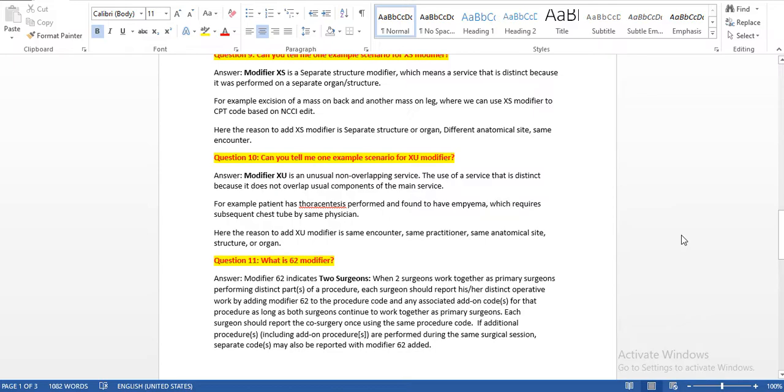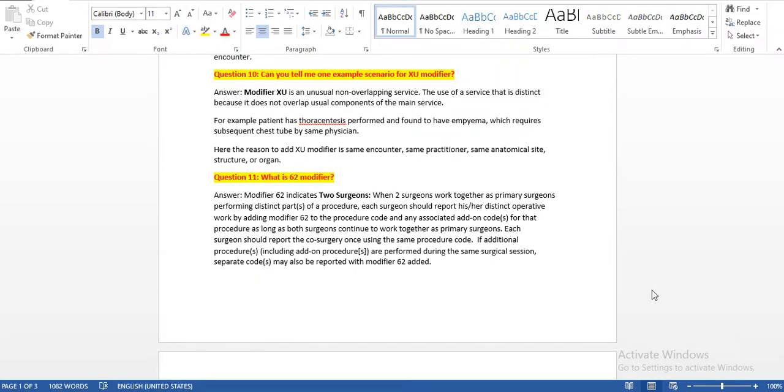So, for example, excision of a mass on back and another excision of another mass on leg, where we can use XS modifier to indicate that these two procedures are different. If you use these two CPT codes, you will get an NCCI edit. So that time we need to add 59 modifier. Here the reason to add XS modifier is separate structure or organ, different anatomical site, same encounter.